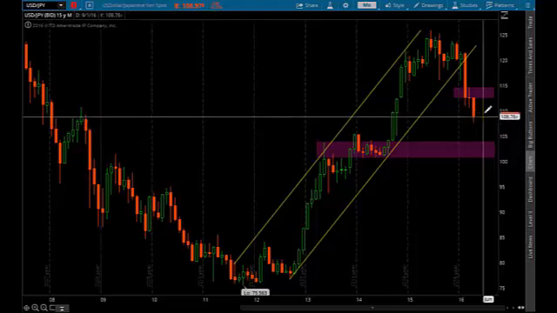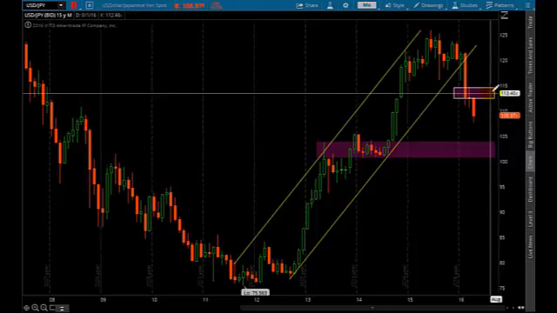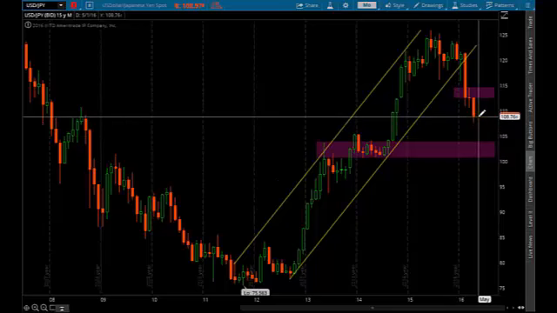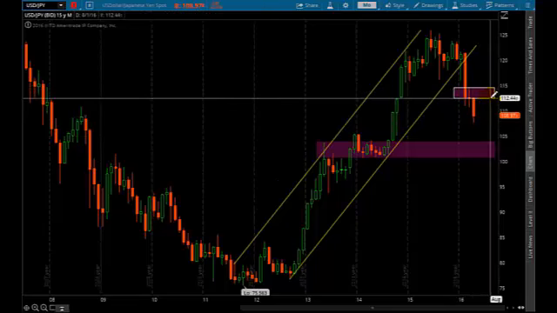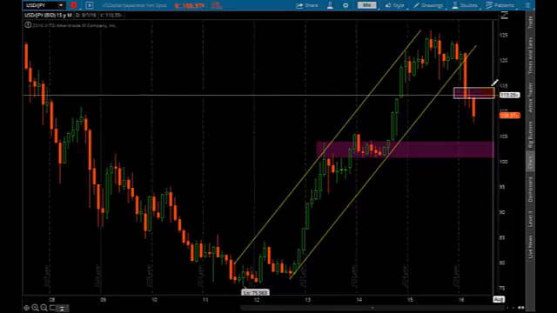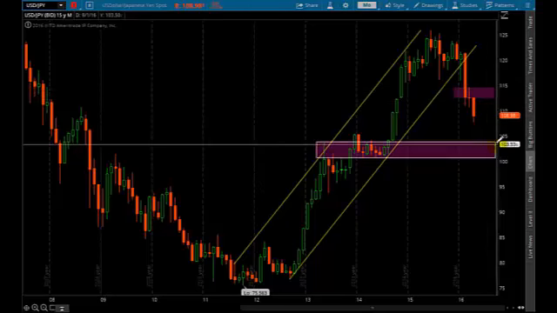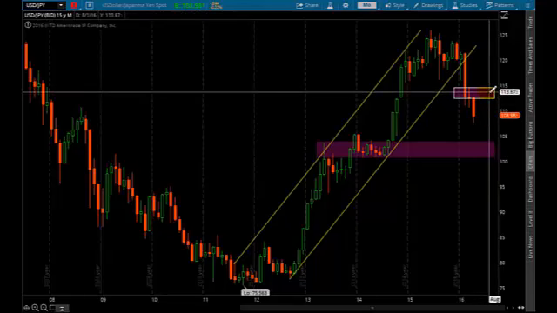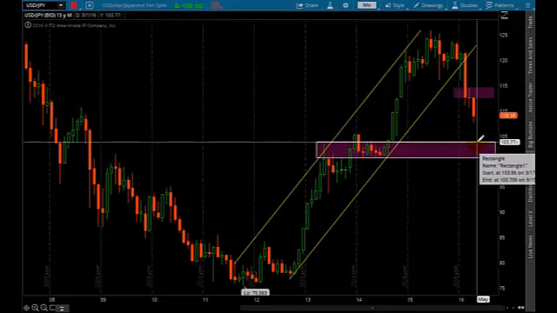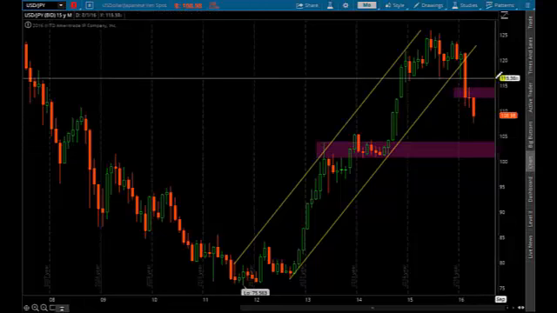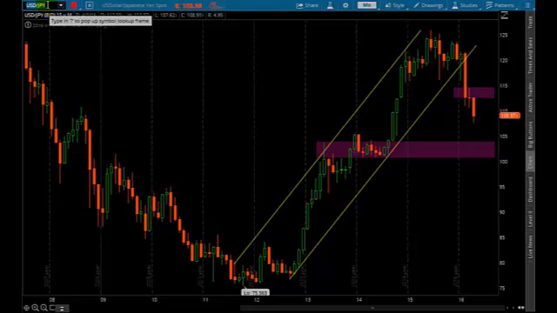Let's say price bounces from here to the upside; we could go into the weekly and daily charts and see if there's a reversal around this area to the downside. If we short from here, the target is going to be right around here. If the price just continues to come down, we look for a reversal to the upside. So that's a quick, longer-term analysis on the USD JPY.